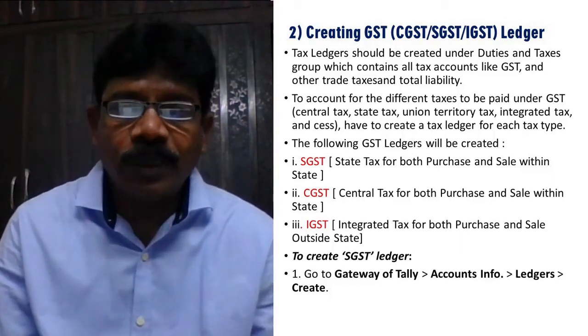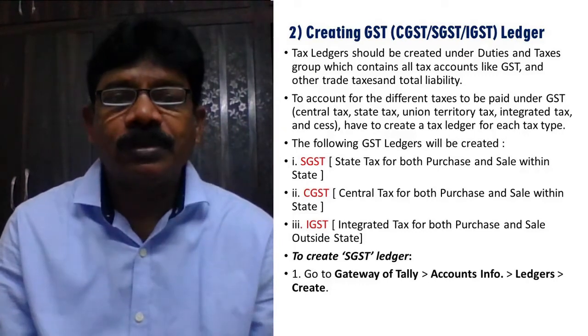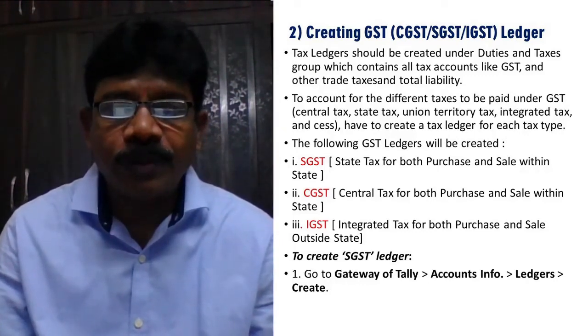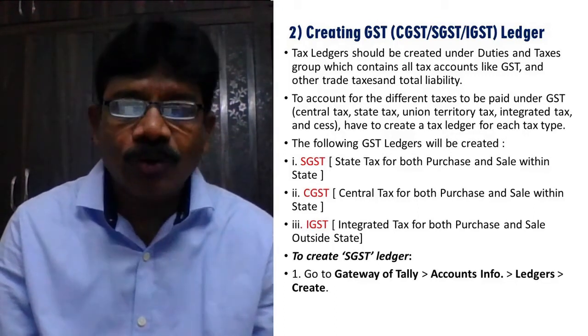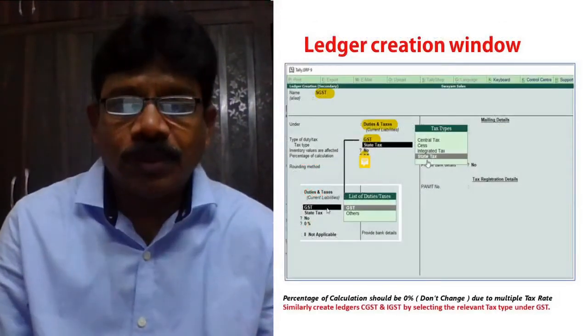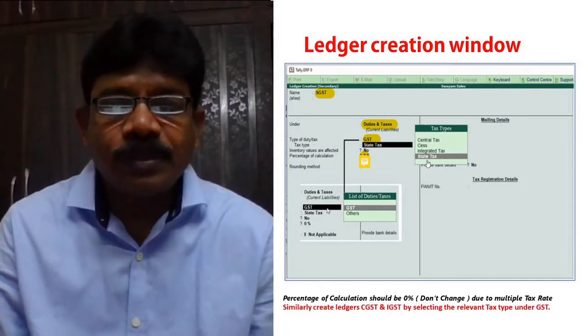For that, the first step is we have to go to GWT, that is Gateway of Tally. Immediately we will find accounts info, and under it ledgers are there. Under single ledger, go for create. Immediately we will get this window. Under the name, enter SGST.